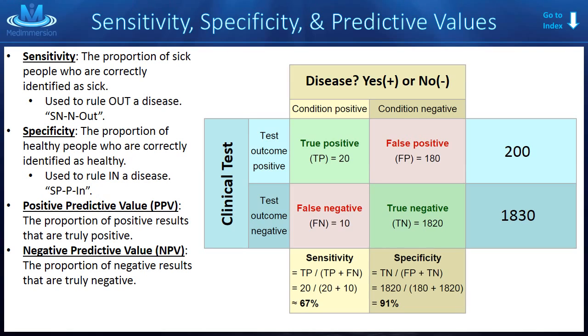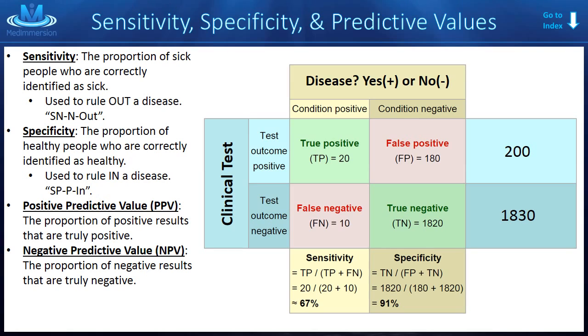So what do we use them for? Well, sensitivity and specificity are used to help us rule out and rule in diseases. You've probably heard the mnemonics SNOUT and SPIN. Sensitivity, negative result, rules out. Specificity, positive result, rules in. Just remember the car alarm example if it doesn't make sense.